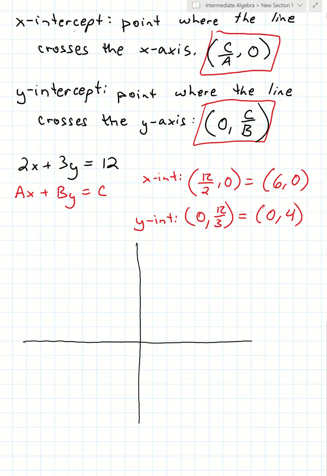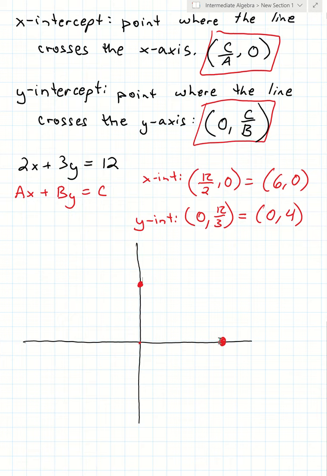We need the dot of 6, 0. So let's see, here we are at the origin. I have to move 6: 1, 2, 3, 4, 5, 6. Here's 6, 0. And then I need a second point at 0, 4. So I'm at 0, 0, and I have to go up to 4. 1, 2, 3, 4. And there's my second dot.